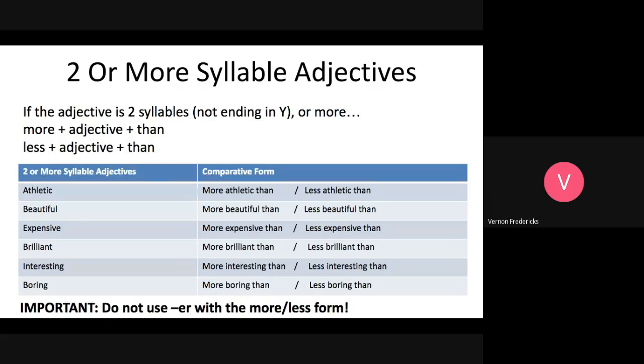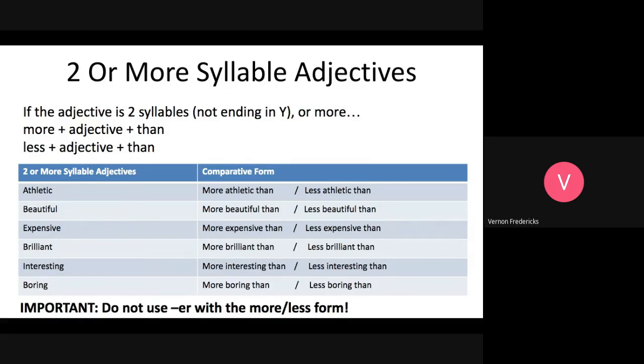Because there are more than two, I'm going to use more athletic than. For example, Ahmad is more athletic than Sami. Then I'm going to use less athletic than. I can say Sami is less athletic than Ahmad. The opposite.